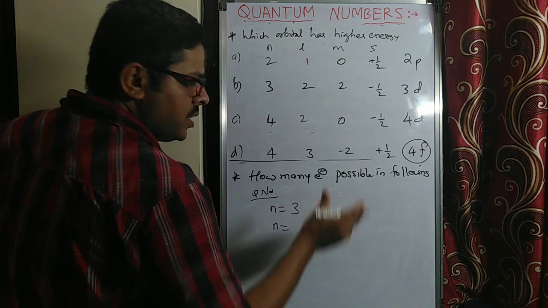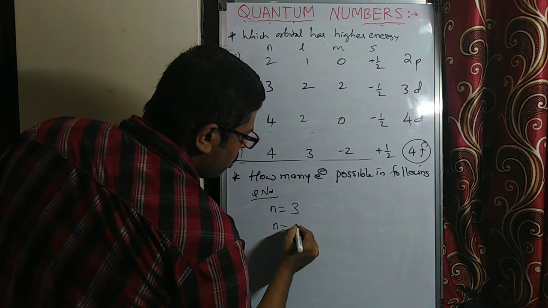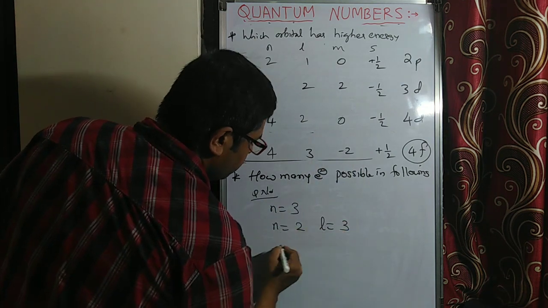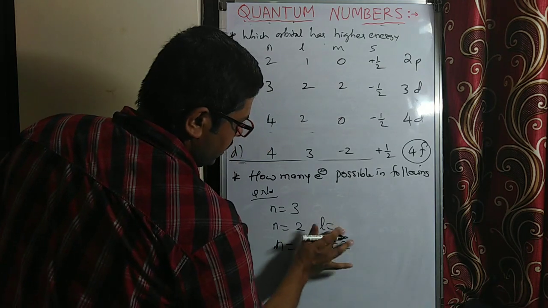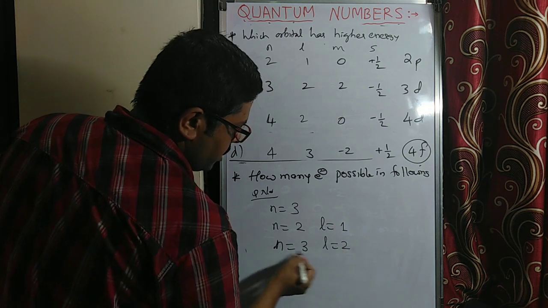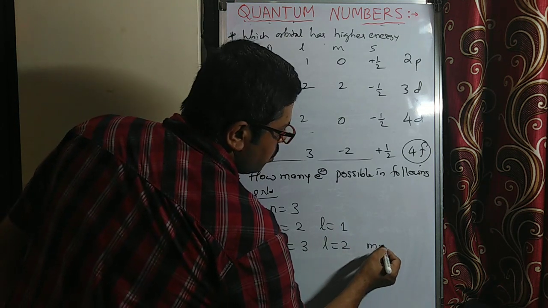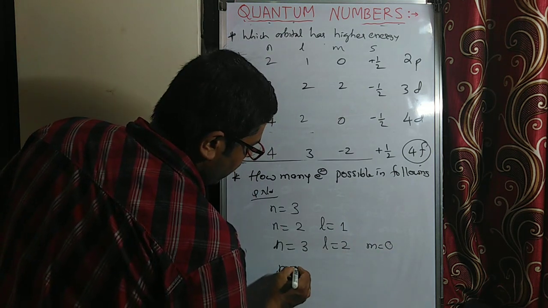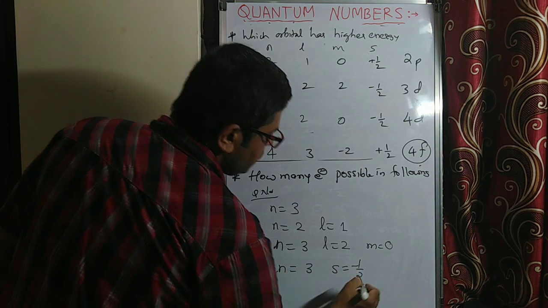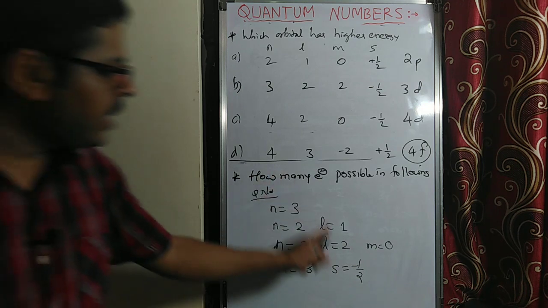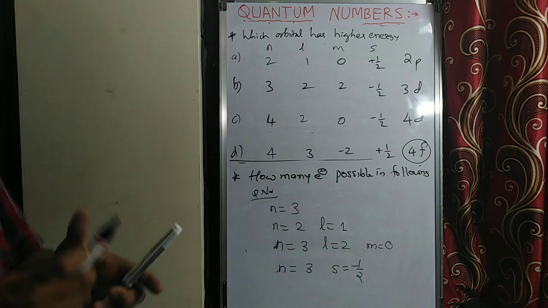These are the questions, you can think of the type of question. n is equal to 2, L is equal to 3. n is equal to 3, L is equal to 2. See, one you will write: n is equal to 3, L is equal to 2, M is equal to 0. n is equal to 3, S is equal to minus half. How many electrons are possible in these? That we are going to write.